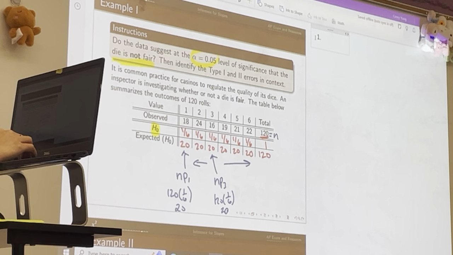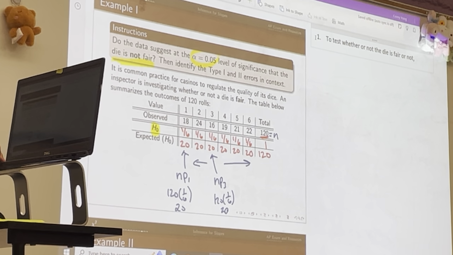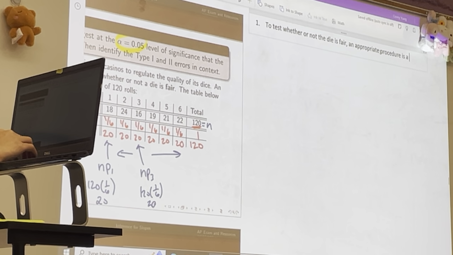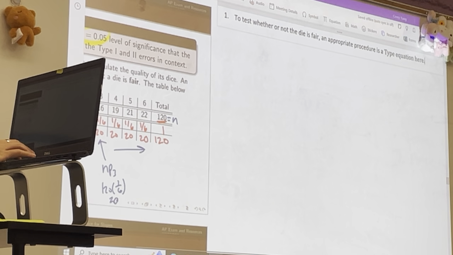So in this case, to test whether or not the dice is fair, an appropriate procedure is a chi-square, so now I have to insert this again.